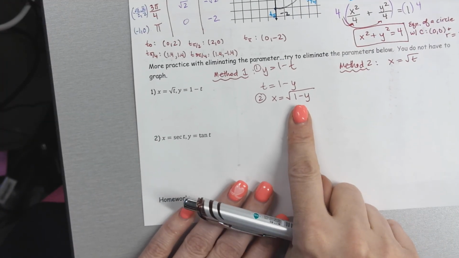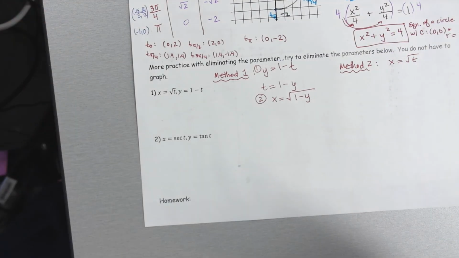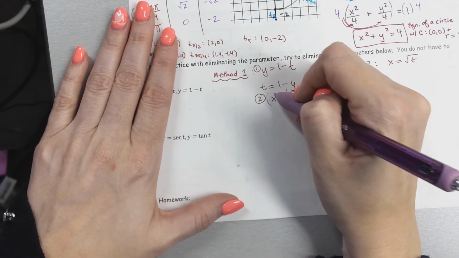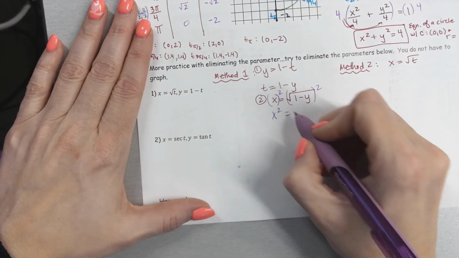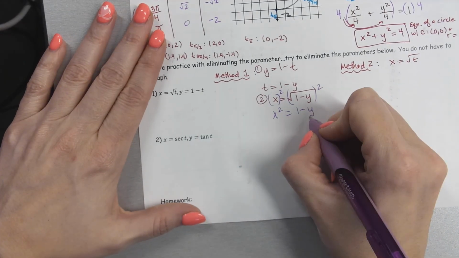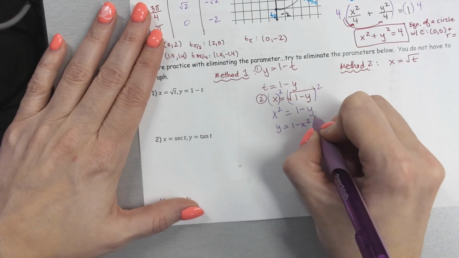You are going to want to solve this for y. To do that, you can square both sides. So you have x squared is equal to 1 minus y. Then again, you'd want to add y to this side, but subtract x squared.